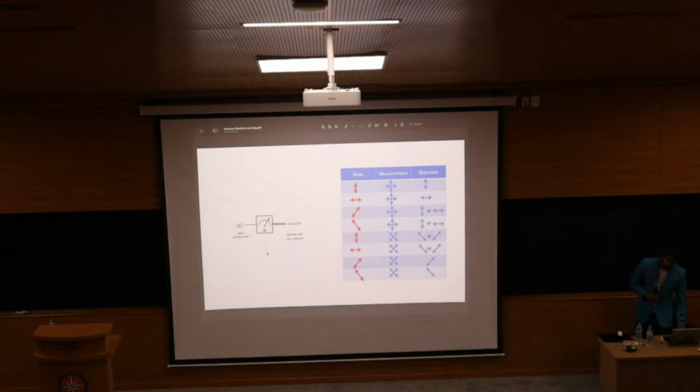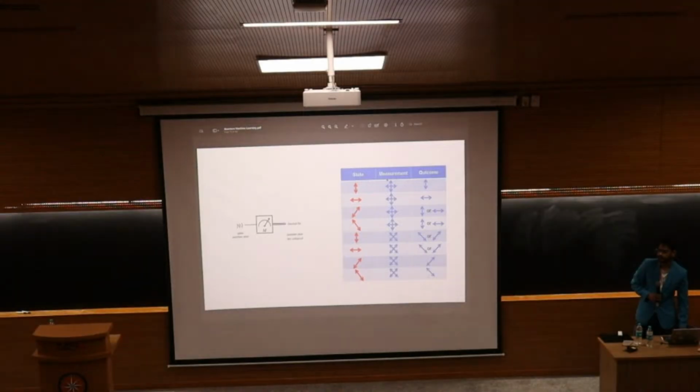If you have a vertical state and you are measuring it in the horizontal-vertical basis, obviously it will appear in the vertical direction. And if you have a state in the horizontal direction and you are observing it in the horizontal-vertical basis, obviously you will get it in the horizontal direction.